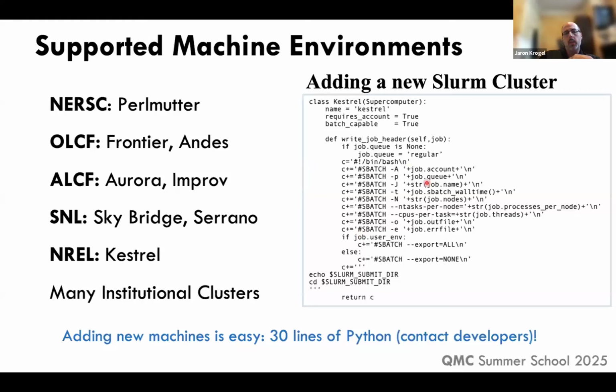Once you've done this, NEXUS can submit jobs for you on that machine. If you do support new machines that other users could make use of, then I would encourage you to make a pull request to the QMCPACK repository so that your changes can get merged in and others can benefit from this work that you did and run NEXUS on their machines easily.